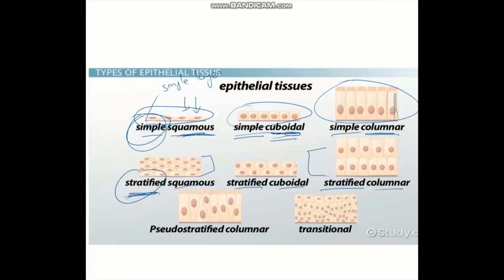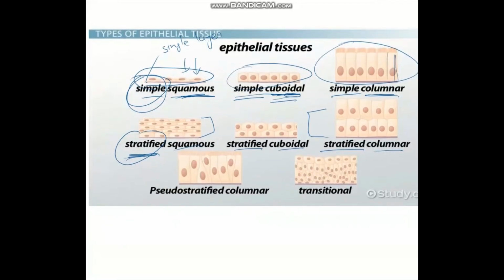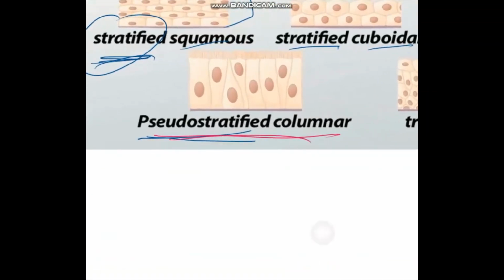Now, under microscopic slides, some epithelia may show characteristics of a stratified layer, but they may not be stratified. For example, in the respiratory epithelium, I will write the examples down in a short while. These are called pseudostratified columnar. There's usually only one place where this kind of epithelium is present, and this is called the respiratory epithelium or the respiratory tract.